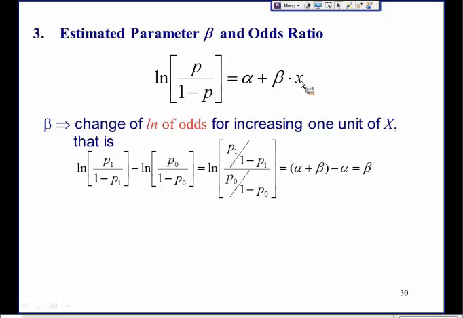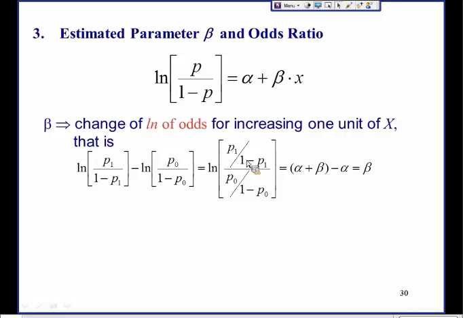Now, if your x is an indicator variable that takes on 1 or 0, right, then the rate of change of log of odds per unit change of x is actually that rate. When your x is 1, that's the log of odds when x is equal to 1. And when x is 0, this is the log of odds when x is 0. Right? And the difference of this, mathematically, by definition of log, is really the log of odds ratio, right?